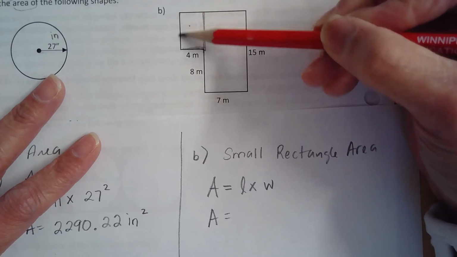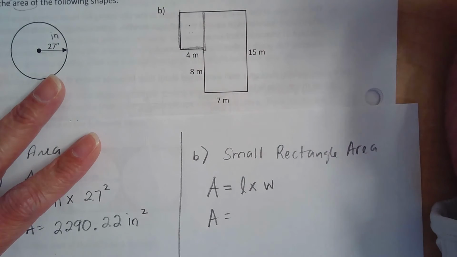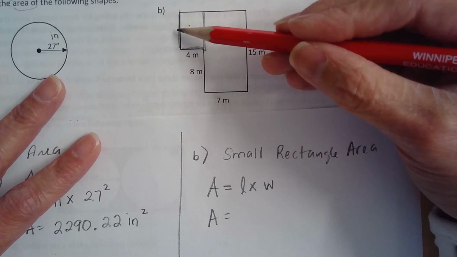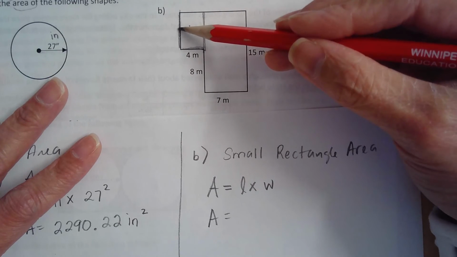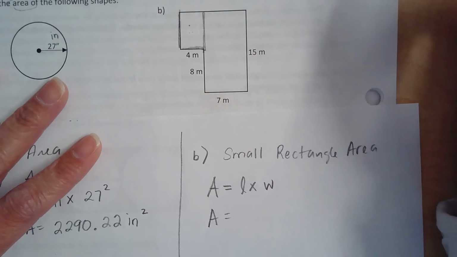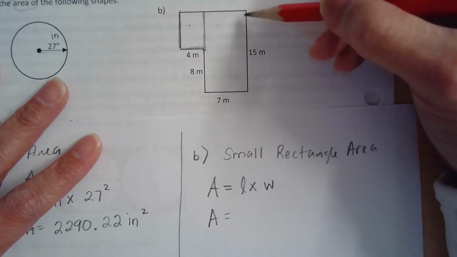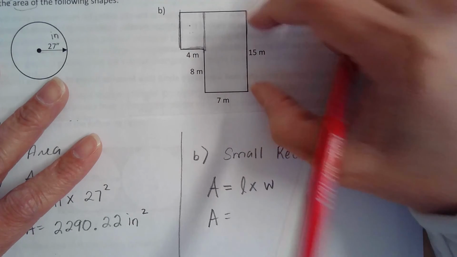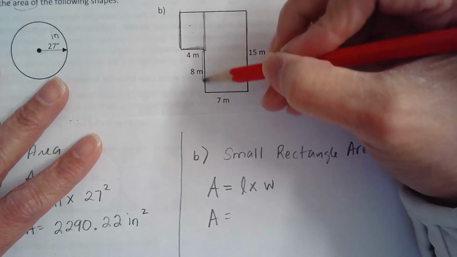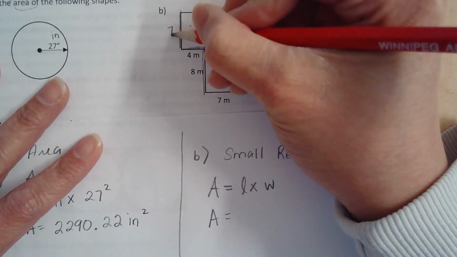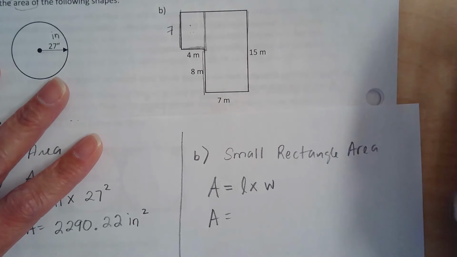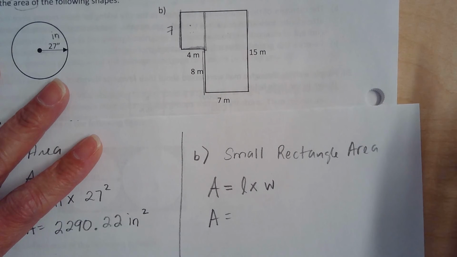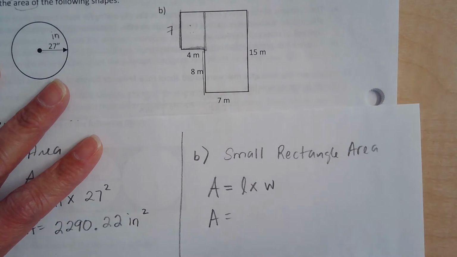And what's the width? It doesn't show us what that value is, but we have to figure it out. How do we do that? If the whole thing is 15, and this part is 8, that means this portion would be 7, right? Is everybody good about that one?